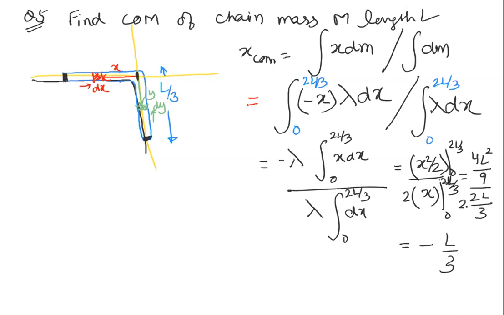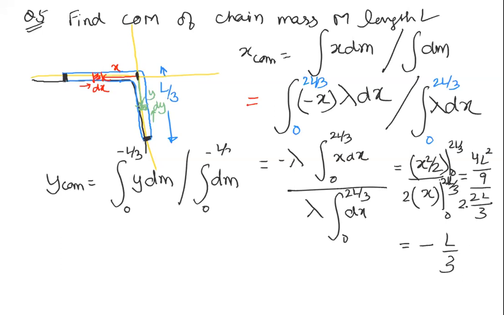Okay, and similarly, the y coordinate of center of mass will be integral y dm divided by integral dm, and this will go from 0 to minus l by 3.